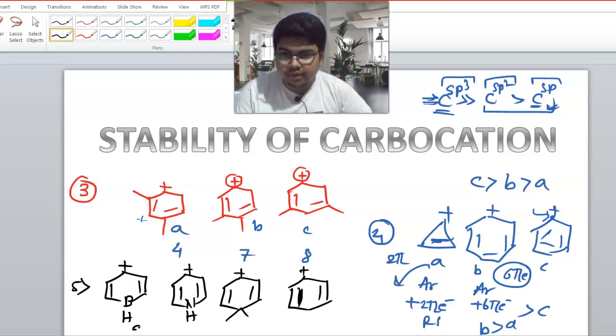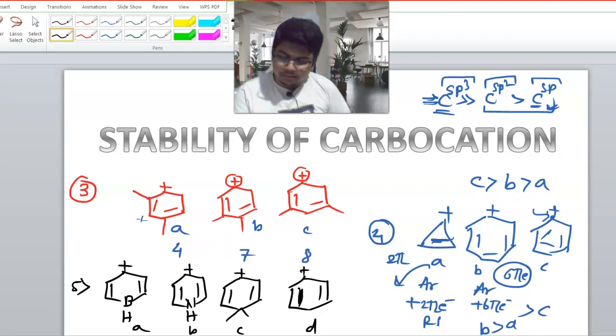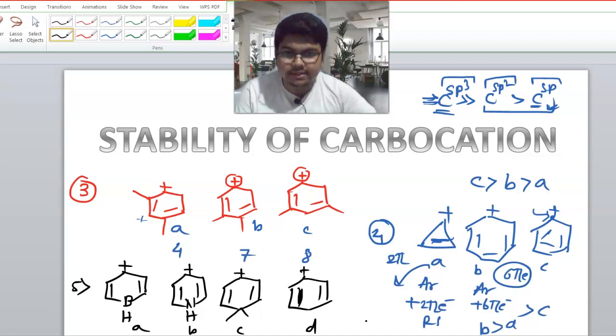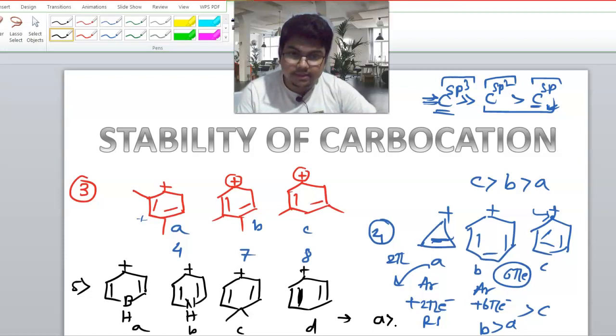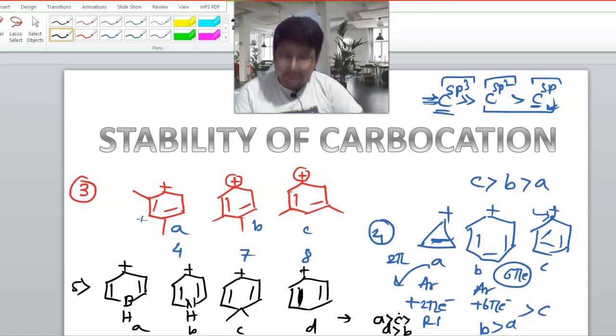So these are for structures A, B, C, D. What will be the stability order? I am writing the answer. So try yourself. A, C, D, B. A, C, D, B. Why should it be? Why should it be the case?